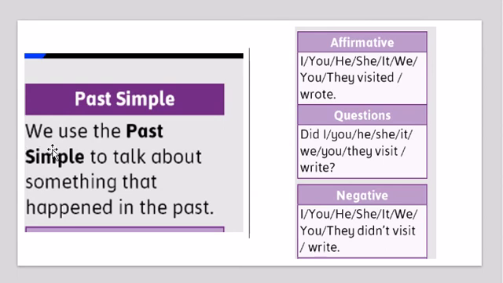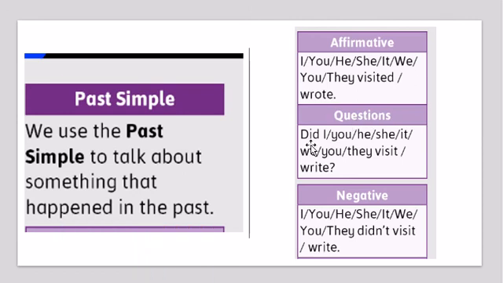So here we use the past simple. Let's remember we use the past simple to talk about something that happened in the past. In affirmative, I, you, he, she, it, or we, you, they visited. We add ed to the verb, the regular verb. If it is irregular, like write, wrote, go, went.